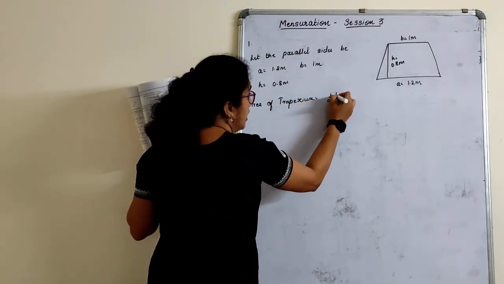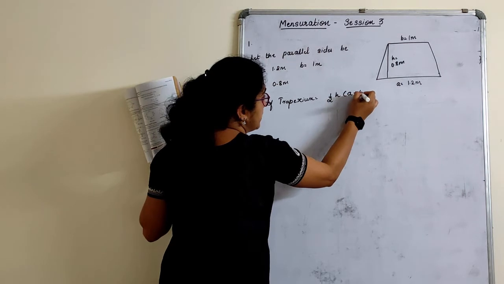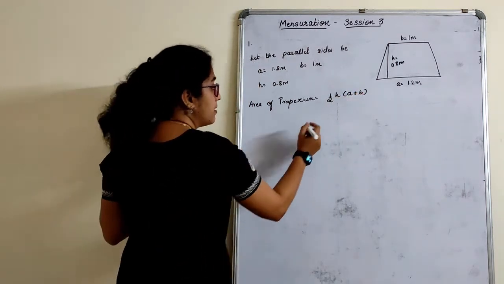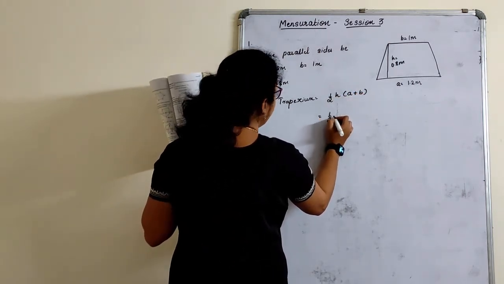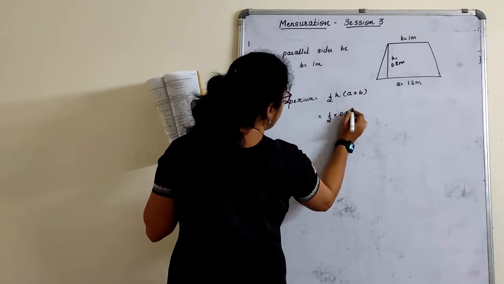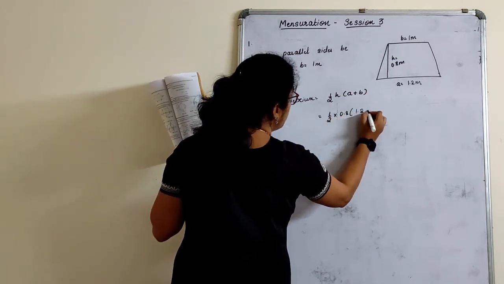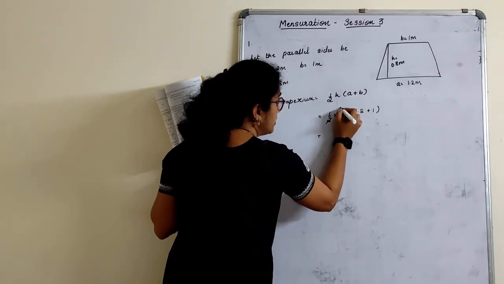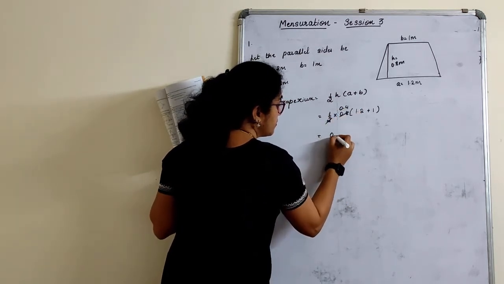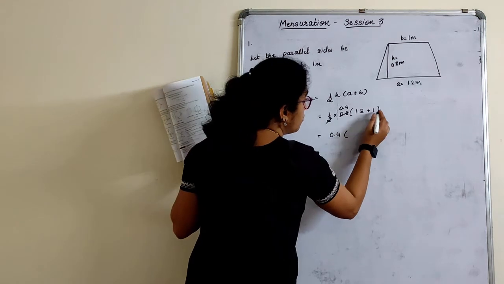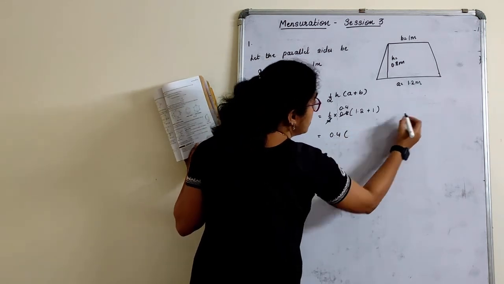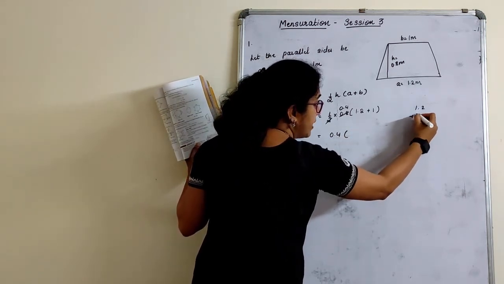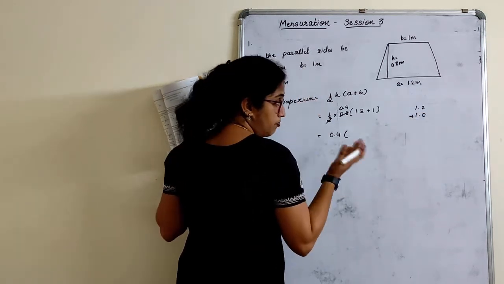Half height of A plus B, where A and B are the parallel sides. Half into 0.8 of 1.2 plus 1. 2 fours are 8, so 0.4 into 1.2 plus 1. When we consider, we write 1 here, children, because it is understood as 1.0 before decimal.